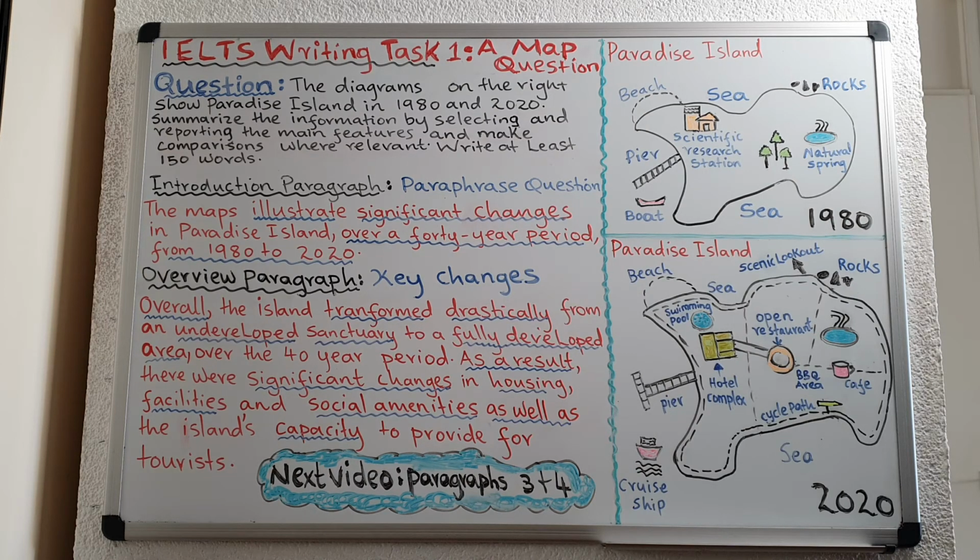So, in housing, you can see that in the first map, we only have one particular house, so to speak, that is a scientific research station. But when you look at the map in 2020, you notice there are so many buildings in Paradise Island. We have a hotel complex. So there's a change in housing. Facilities. You notice there are more facilities.